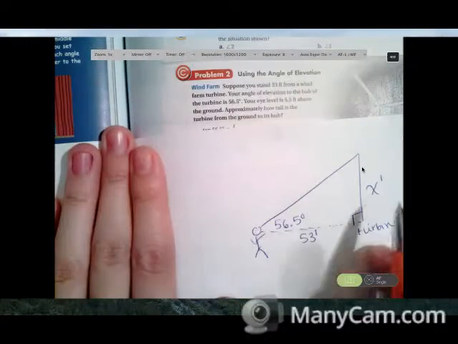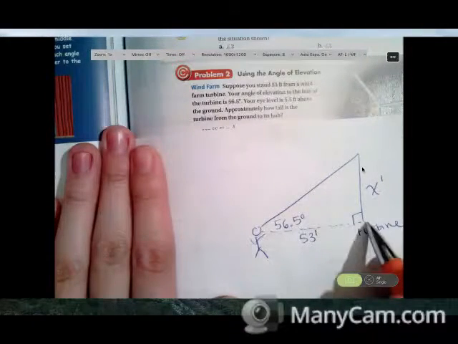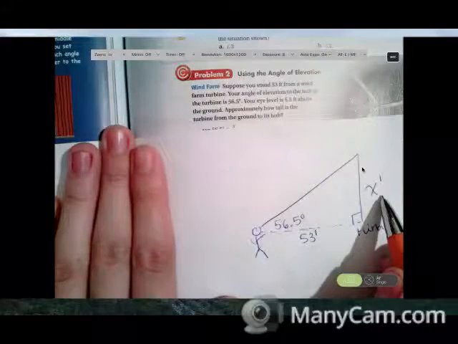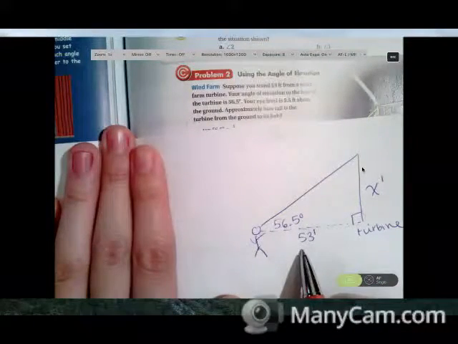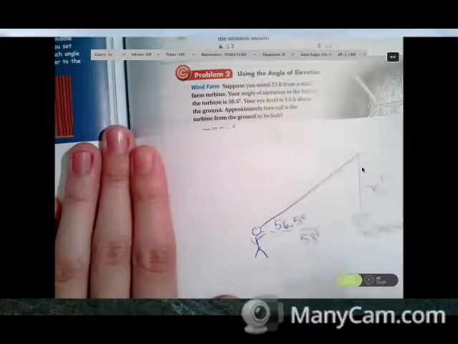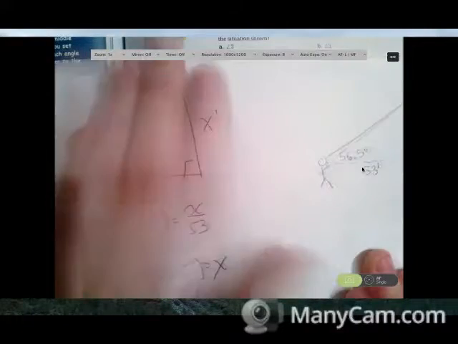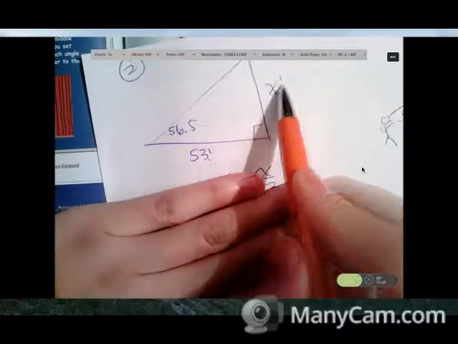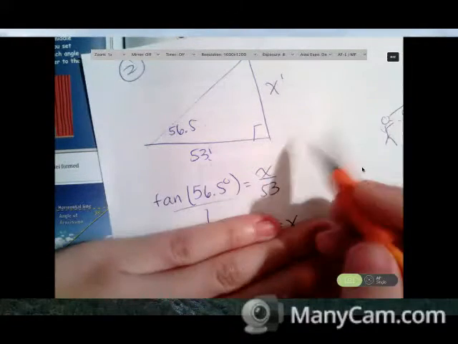You want to find out how tall the turbine is from the ground. So this is the turbine right here, and this is the ground. So you're trying to find this. But we also know we are standing 53 feet from the turbine. So this is how we set it up. 5.5 feet has nothing to do with that. If you look here, I see that we have opposite over adjacent from this 56.5, so I know we're using tan.